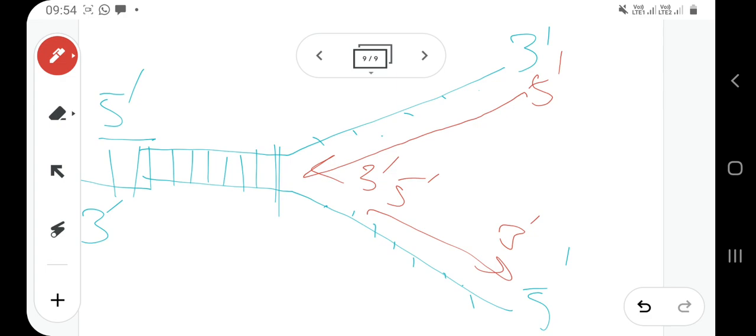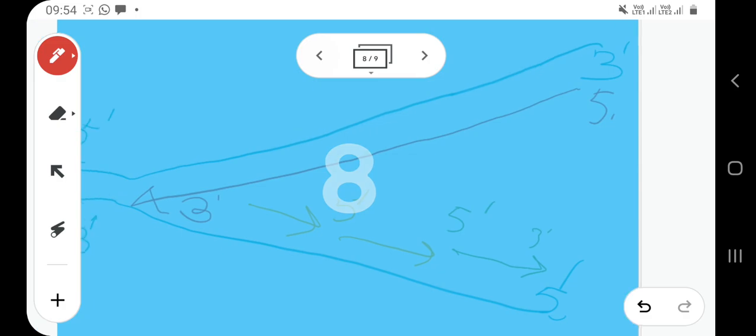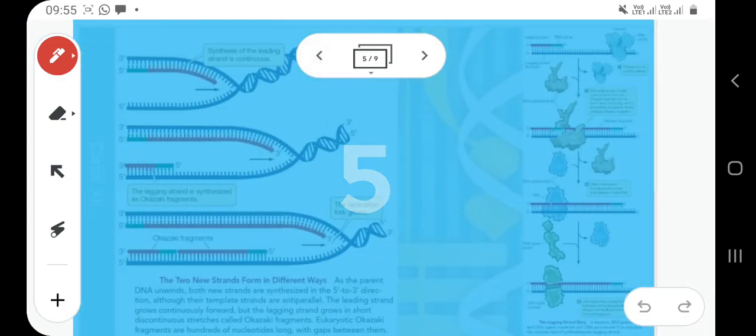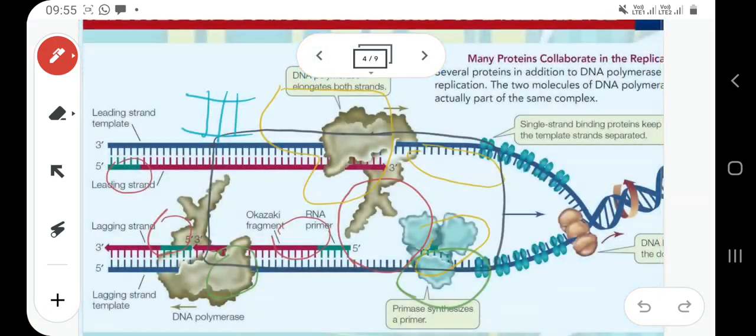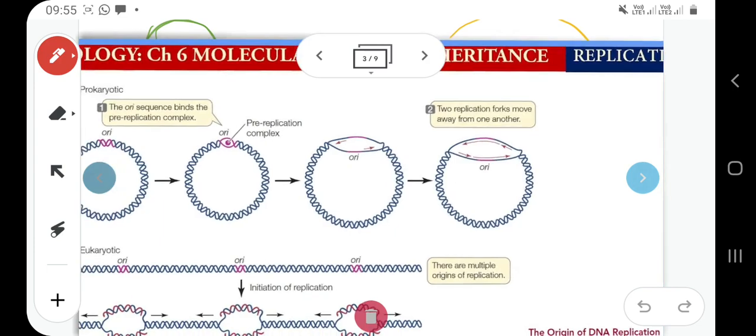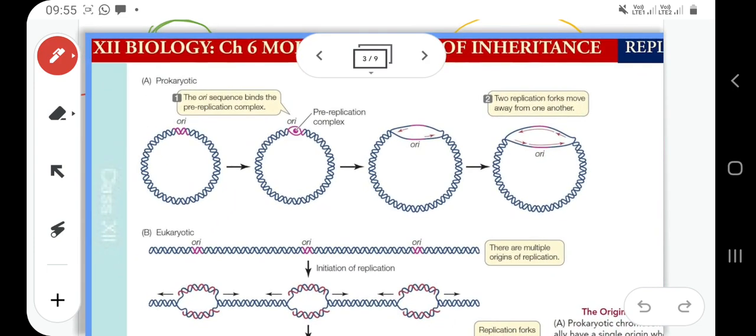Because of this limitation, if the cell wants to continue DNA replication, it will unwind again, because the whole DNA, like you can see in this diagram, is one bacterial DNA molecule, and it is unwinding gradually.